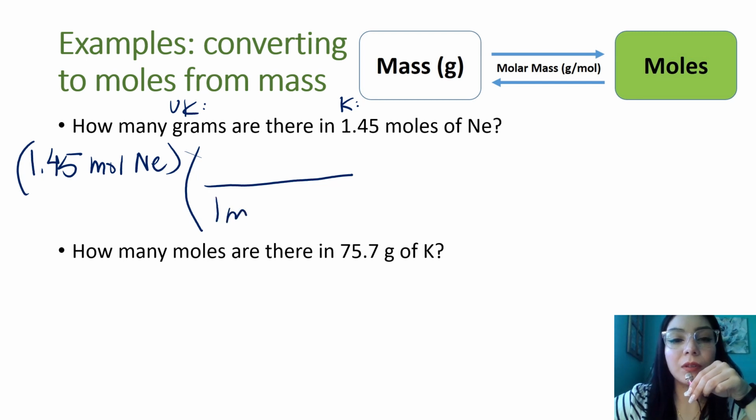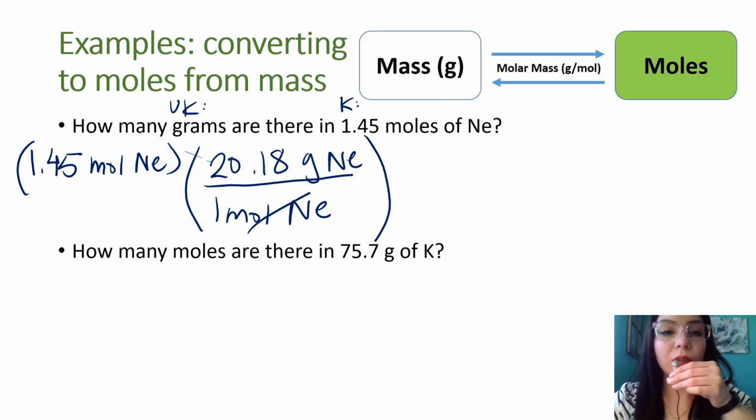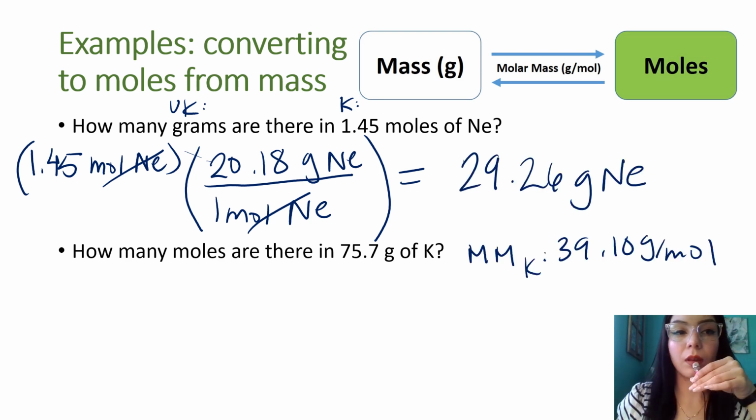So 1 mole of Ne, and then for the mass, I'm going to go look at the periodic table. So I got the molar mass of neon from the periodic table, and I wrote it up here. Now, once we add this in, we can go ahead and cancel out the moles of neon, and then we can calculate it out. And then what we end up getting is 29.26 grams of neon.